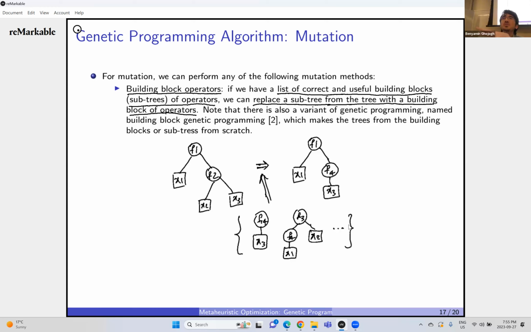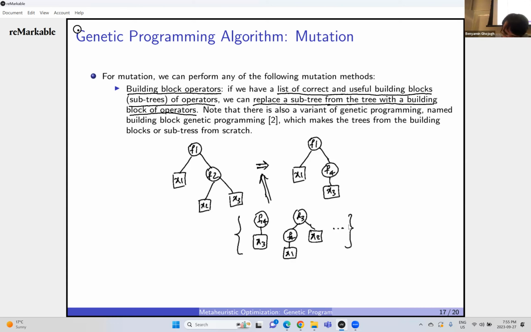Here, I know some sub-expressions are good, and I sometimes use them for mutation. For example, I know sine of one of the variables times tangent of another variable is good. Sometimes I replace a subtree with sine times tangent, right?